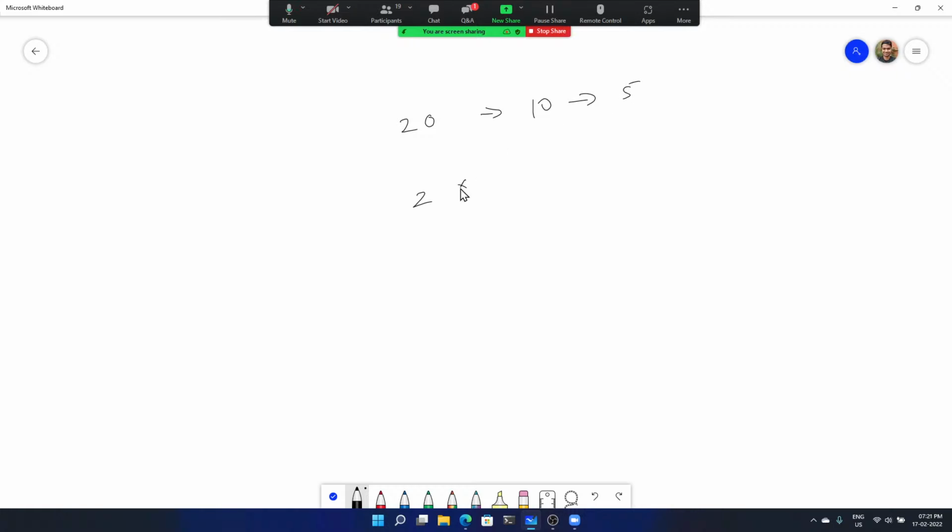I get one more 2. Then I have 5, which I cannot divide by 2, so I stop dividing by 2. Now I try dividing by 3. I can't divide by 3. So I go on and try dividing by 5. When I divide 5 by 5, I get 1. I include 5 in the prime factorization. So this is the prime factorization of 20.